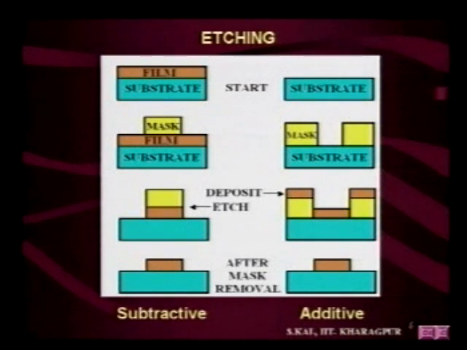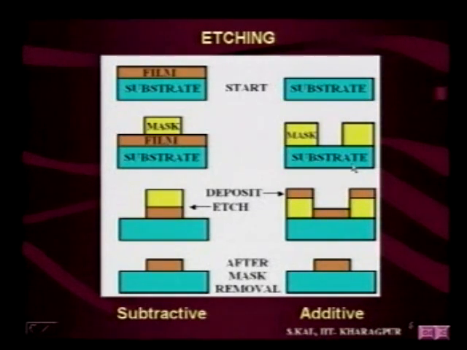In those cases, you can easily use this additive method of pattern transfer, where you do not bother about the etching solution of that particular film, because we are not using any etching solution for the metal film. Here is the advantage, and we face a similar situation in VLSI processing many times.